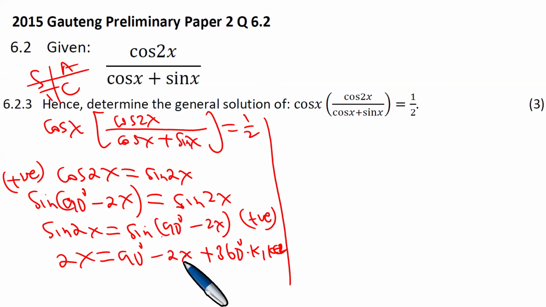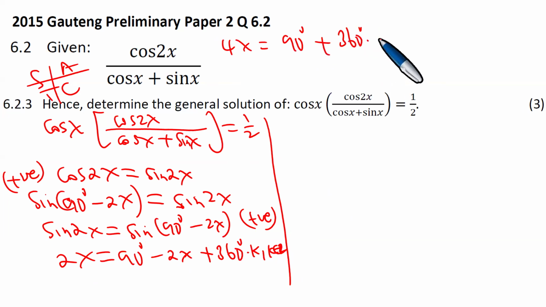Now we have 2x, and adding the other 2x, we get 4x equals 90 degrees plus 360 degrees by k, k in the integers. Now we divide by 4, which is what we did.